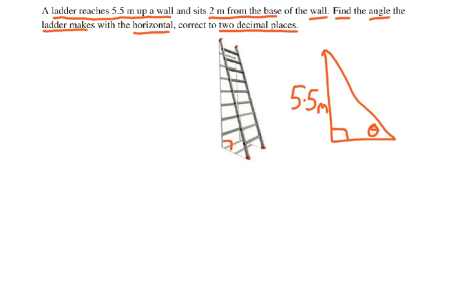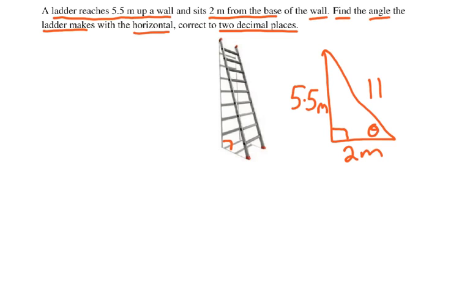It sits 2 metres from the base of the wall. Once you've got that information onto a diagram, hopefully it makes that process that much easier to find out what theta is. They also want us to make sure that it's going to 2 decimal places.